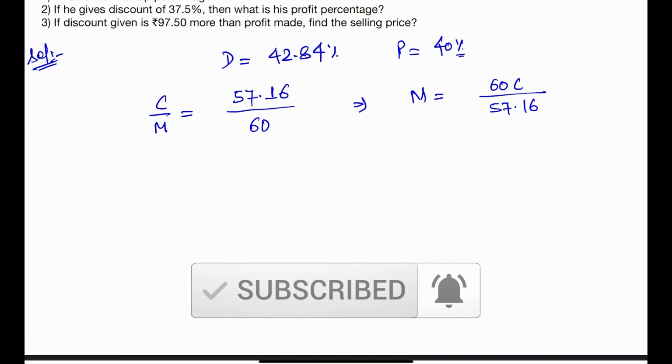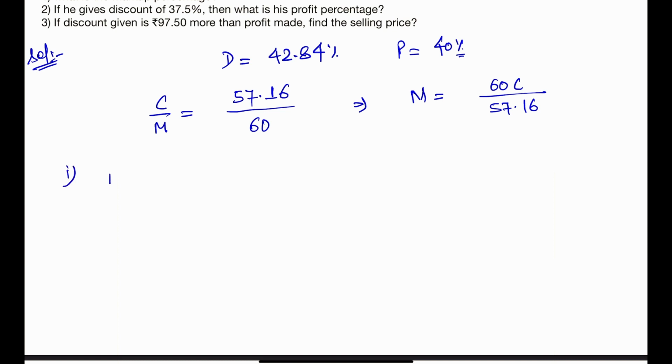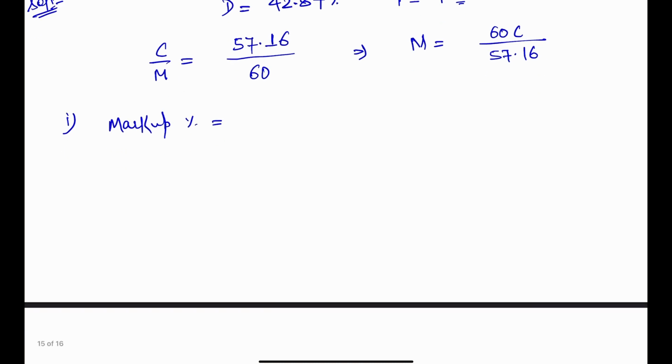So the markup percentage is how much? The formula of markup percentage is with the help of markup price minus cost price upon cost price into 100. This is our formula.